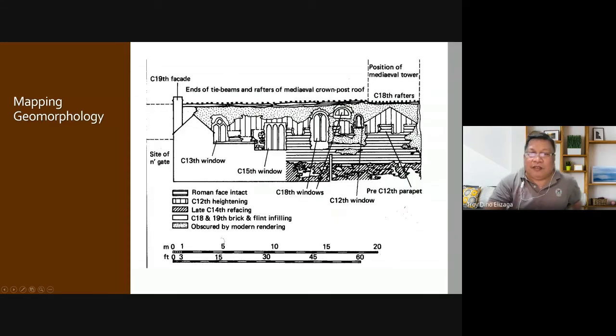And then indicate that in the drawing. Now, in this drawing, for example, what is shown is not the condition, but the age of the wall, or maybe the interventions. In the 12th century, there's a heightening there, and there's a refacing in the 14th century along this part, and then this part is obscured by modern rendering.